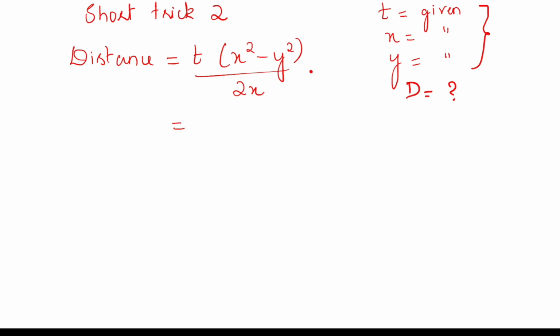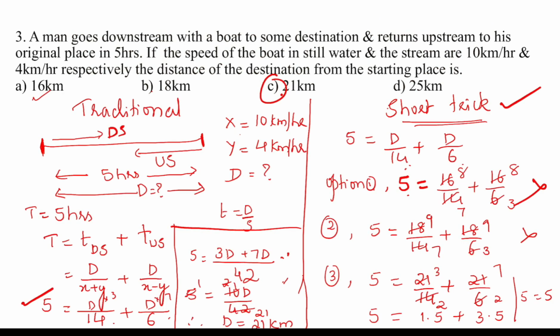So let me see. Distance is equal to total time, which was 5 hours, into x square minus y square divided by 2x. Here x is 10 and y is 4.